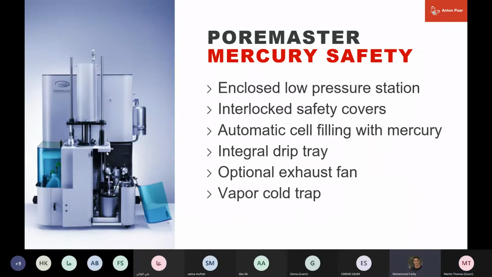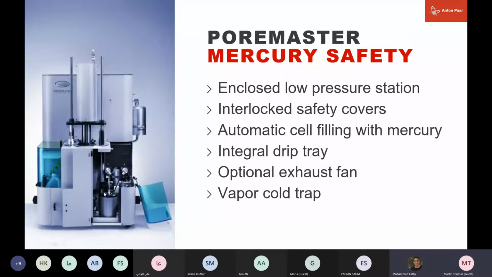Okay. After the low pressure has been performed, then the operator transfers the sample cell from the low pressure system into the high pressure cavity here. And then this will run from atmospheric pressure all the way up to maximum pressure. So it's a two-stage process.